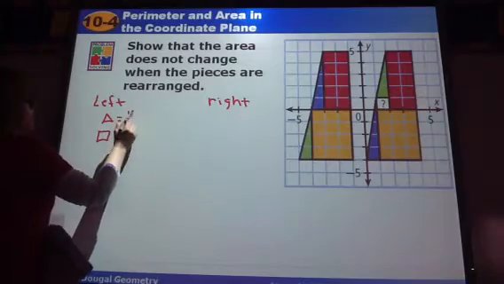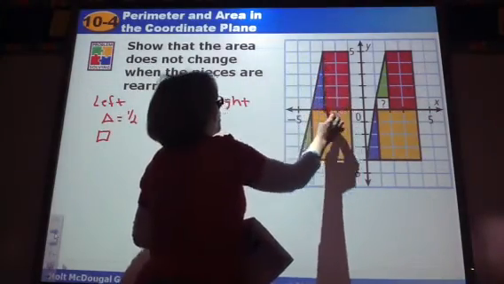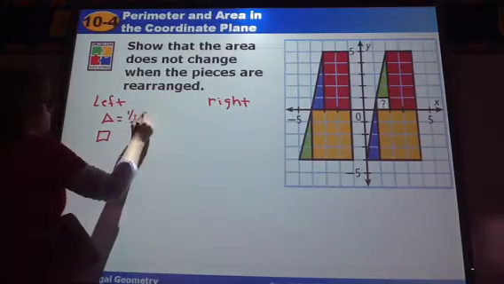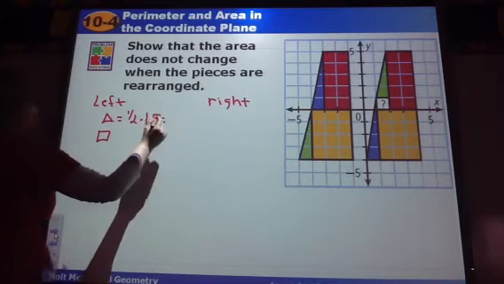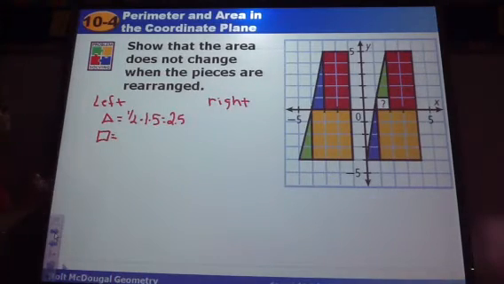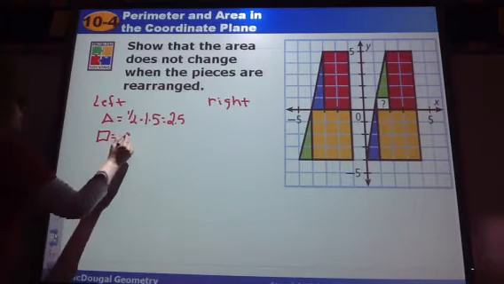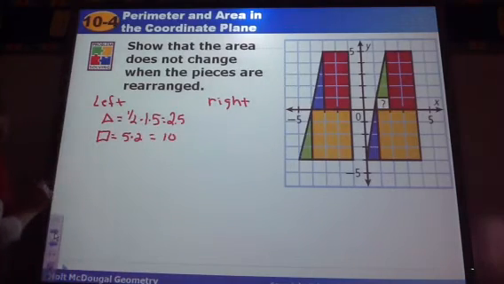So the area of that triangle is going to be 1/2 times 1 times 5, which is going to give us 2.5. And then for the rectangle, we have 5 times 2, which is going to give us 10.